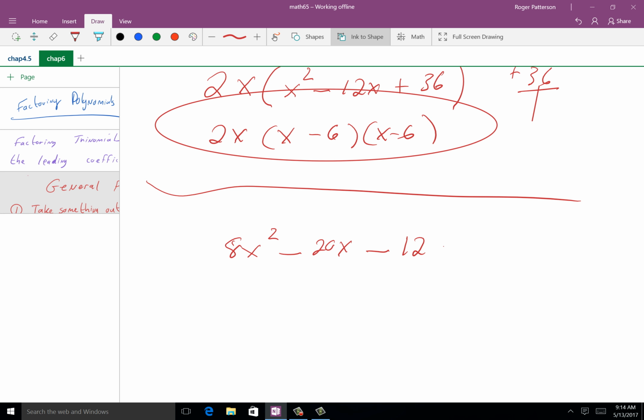Write down our list. What should we do first? Take something out. Yep, what are we going to take? 4? Good deal. What's that going to give us?